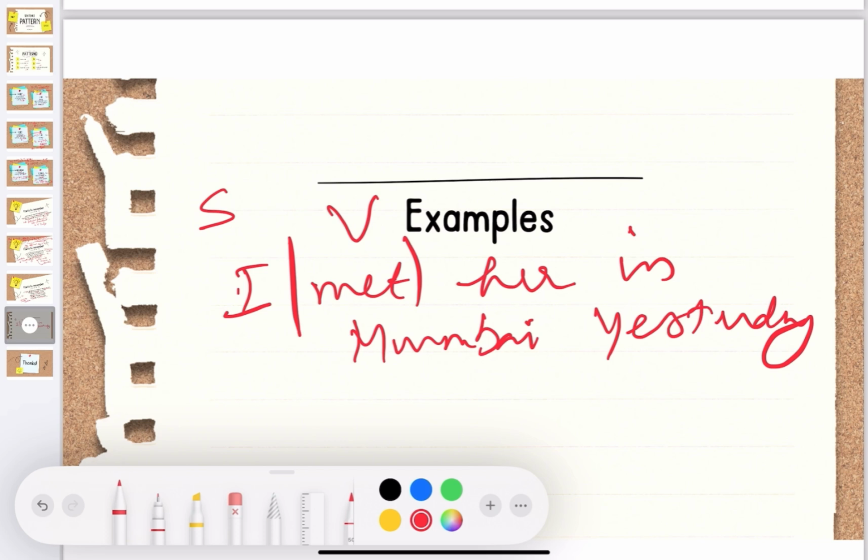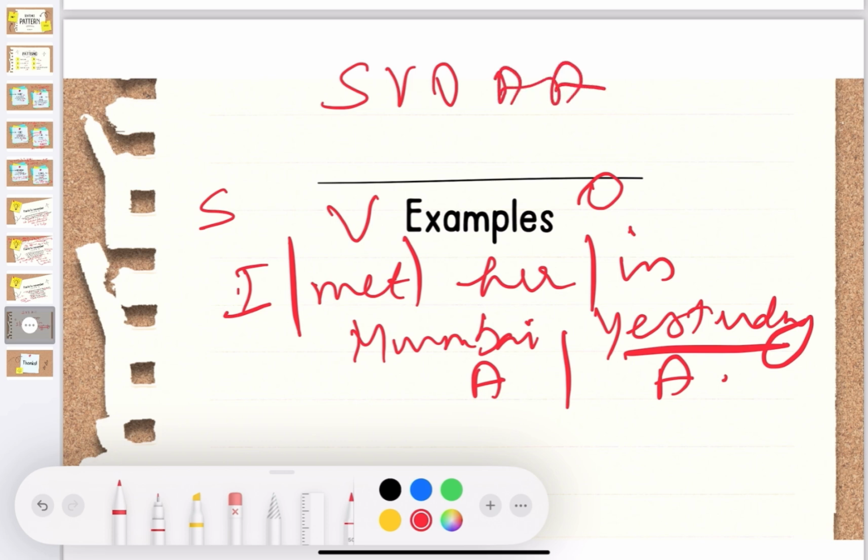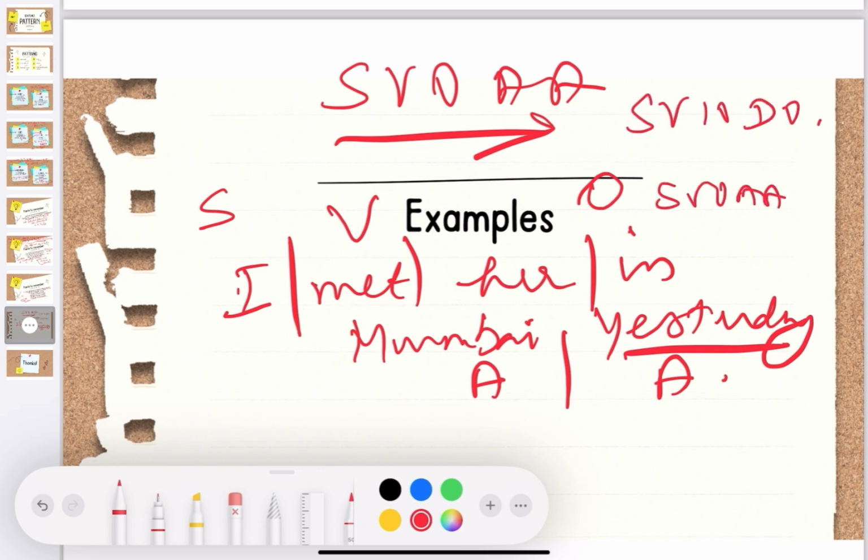Her is object, in Mumbai is adjunct. Again, yesterday is another adjunct. So it is SVOAA. These patterns are quite rare, but don't mark it wrongly like SVIODO. Don't do all that.